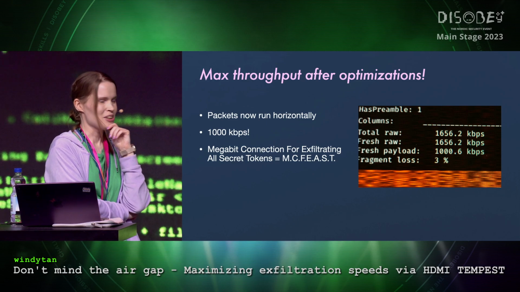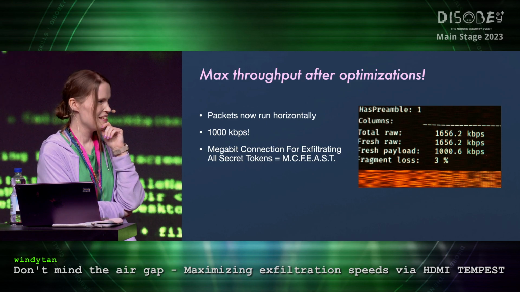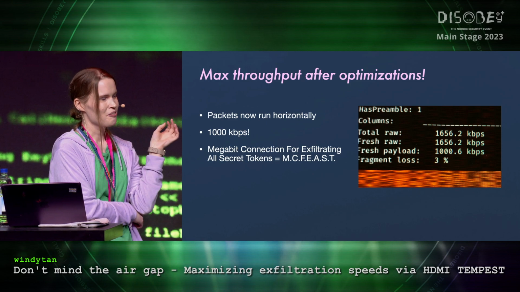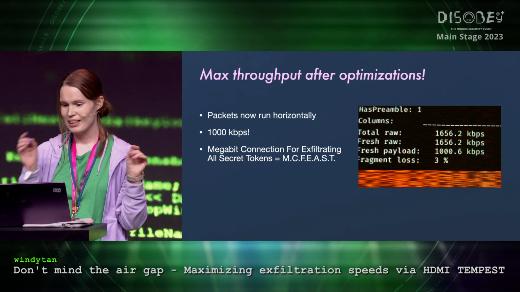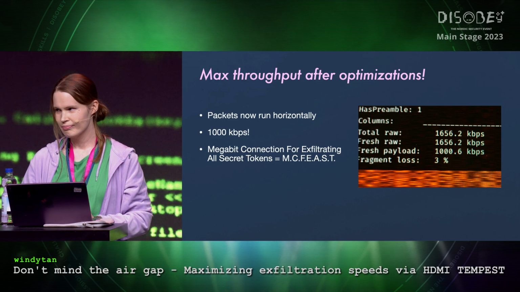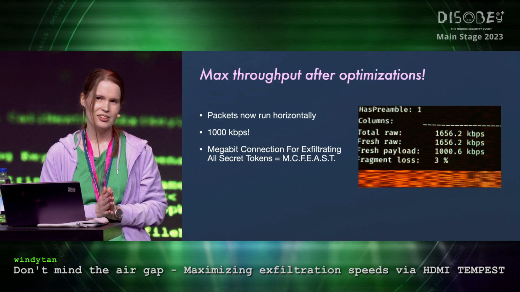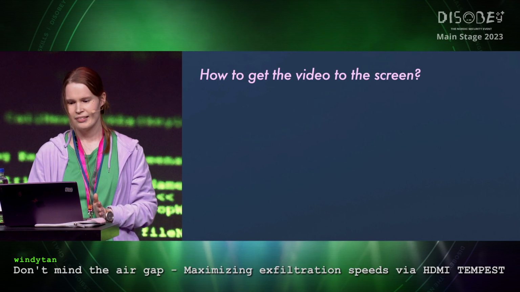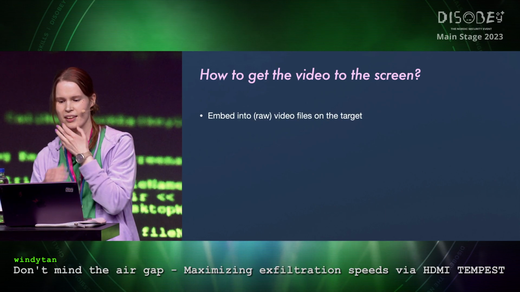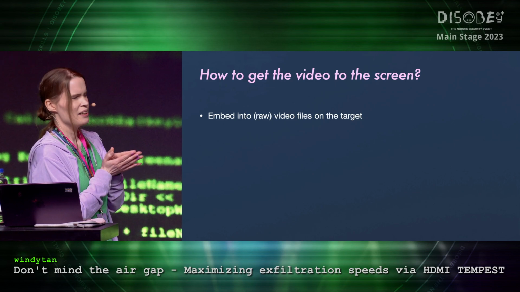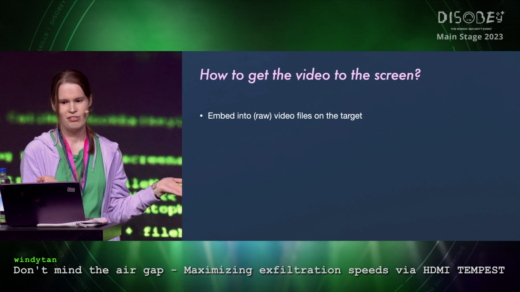But with all of this, I made a huge assumption. I assumed that we already have some way to control what is displayed on the screen. Of course, if it's an air-gapped system, you can't really do that, or can you? I tried to brainstorm some ideas. Maybe you could embed some bits in the raw video files, if it's a system that plays video files.